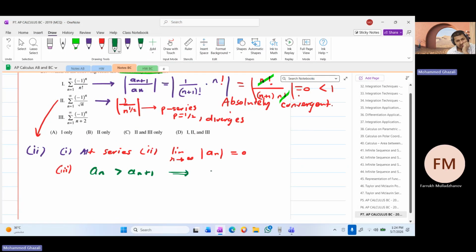Let's check. Is 1 over the square root of n greater than 1 over the square root of n plus 1? Yes, it is, so it is decreasing. Previously we had divergence, but using the alternating series test, we can say this is conditionally convergent.